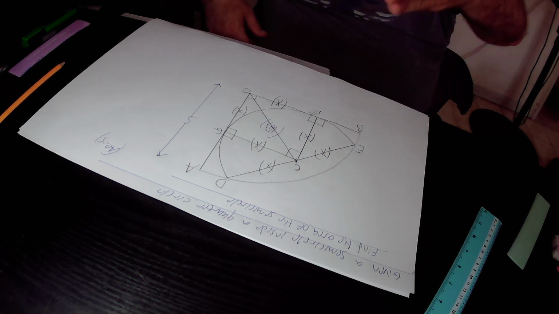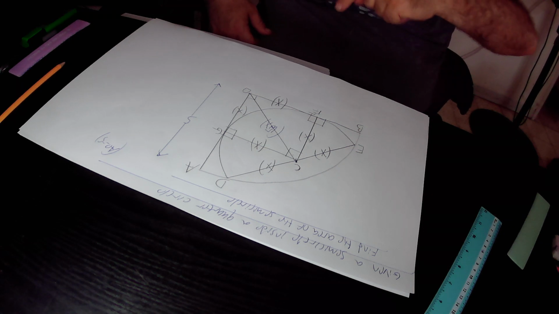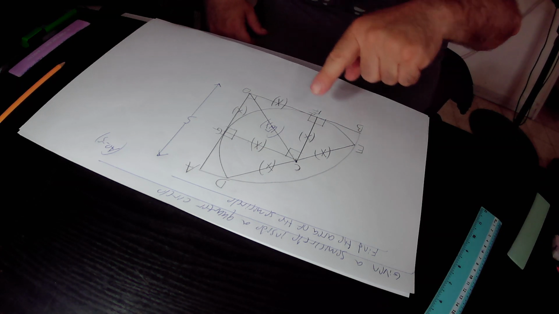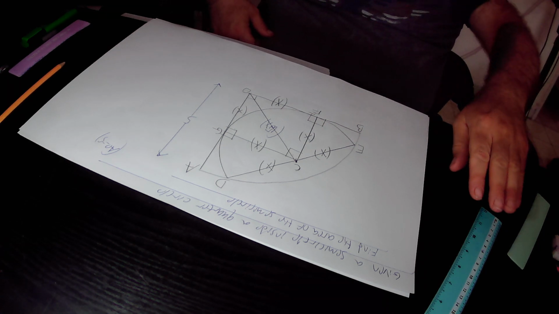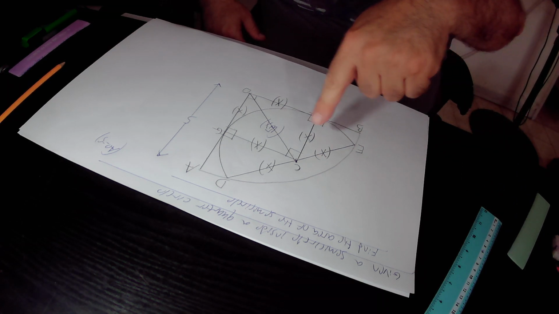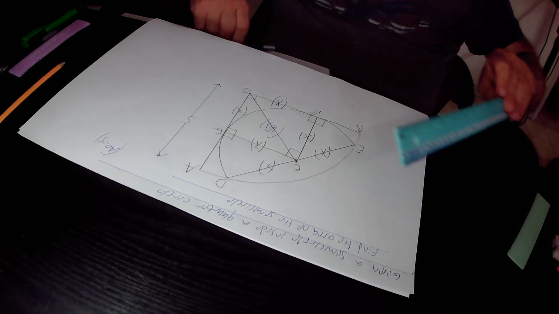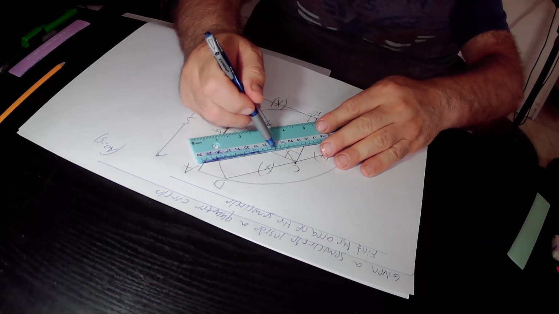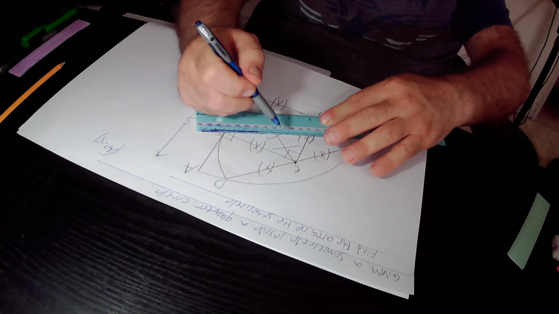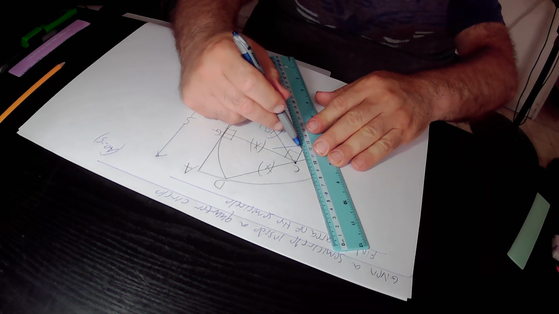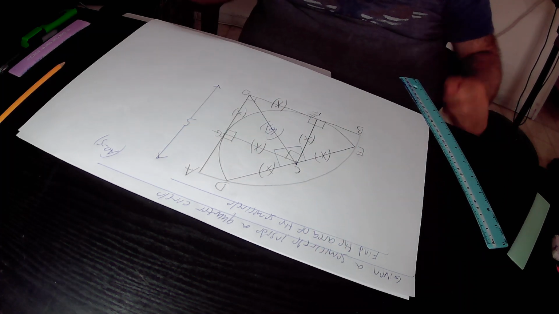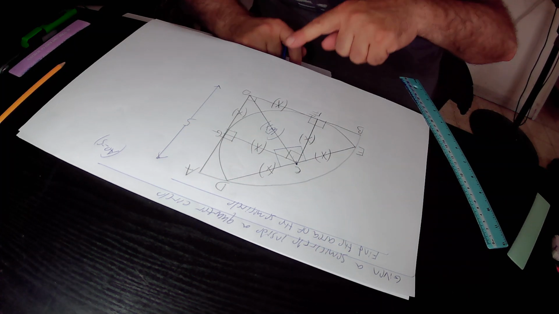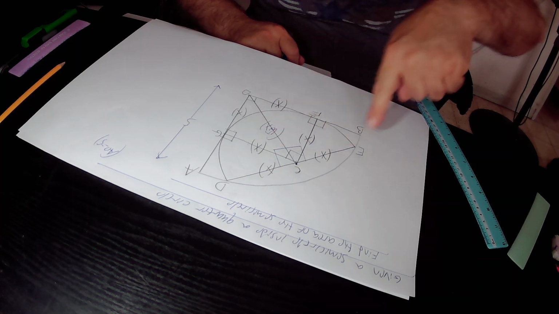According to rule 7, line segment OC is also perpendicular to chord ED. It means that this angle equals 90 degrees, and this angle also equals 90 degrees. So OC is perpendicular to DE.